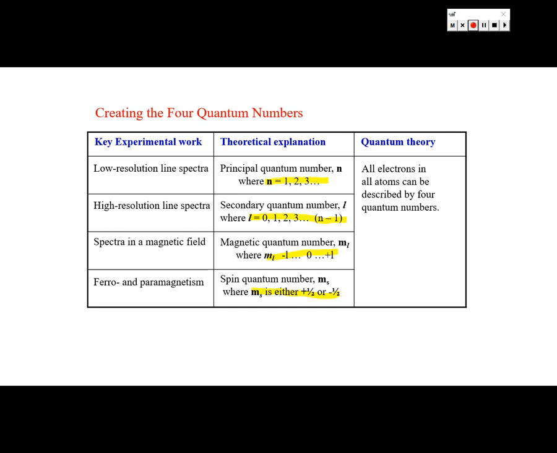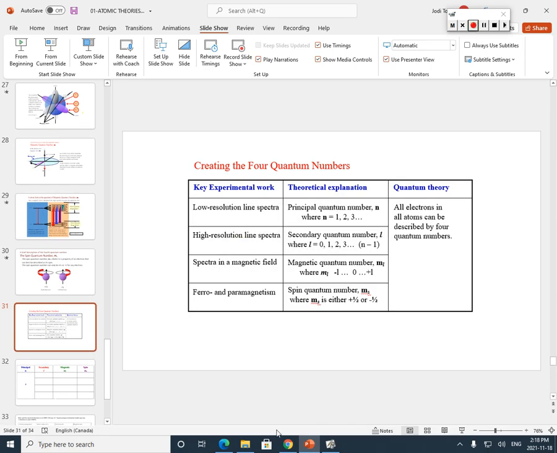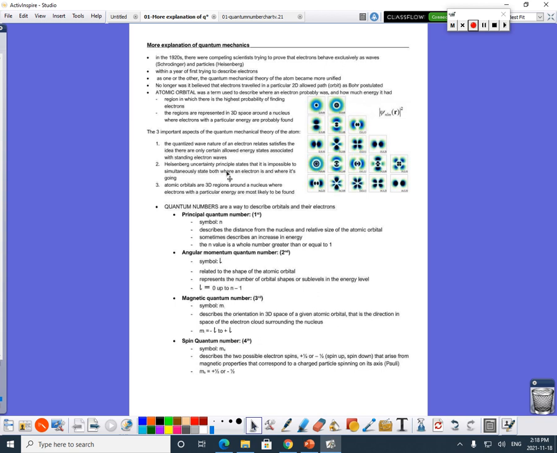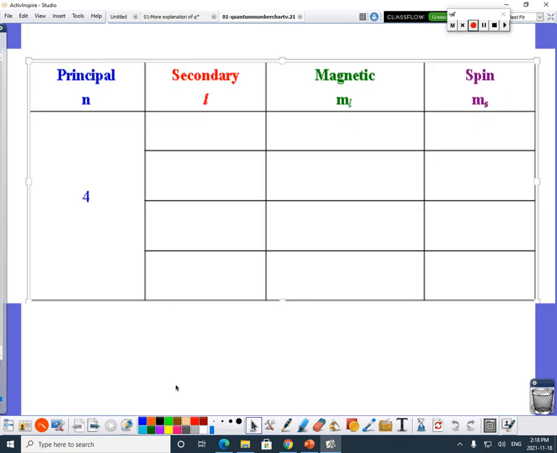Okay, so let's do an example. Like I said, for the principal number, you really have to be given this.